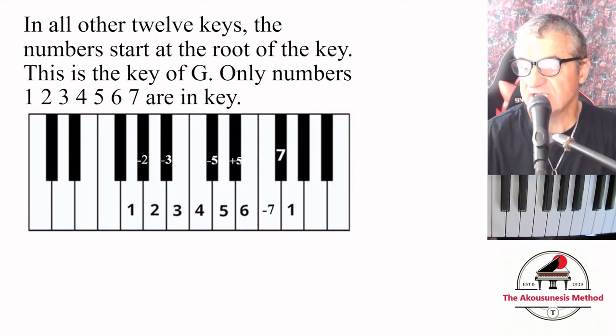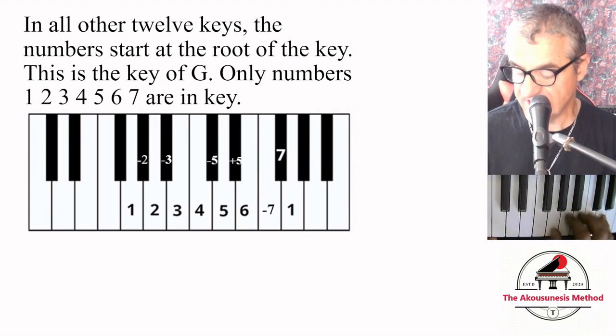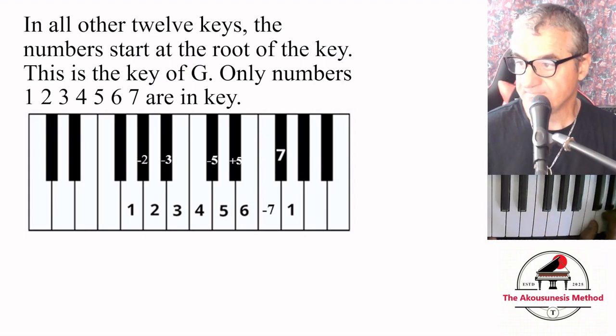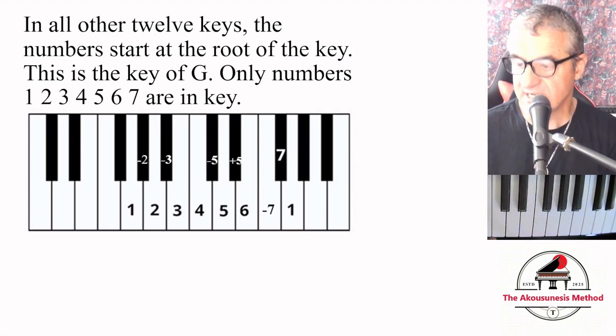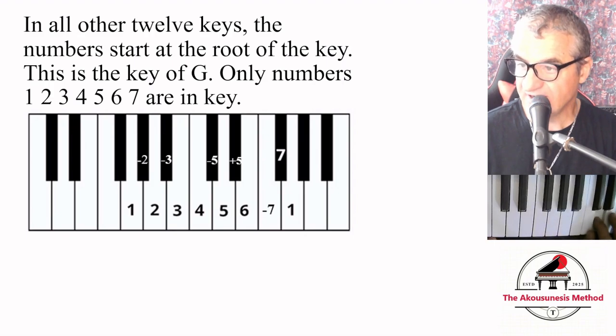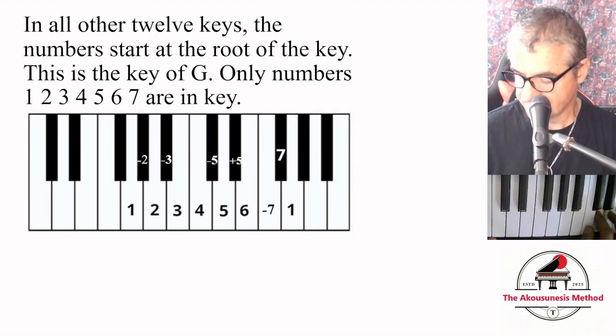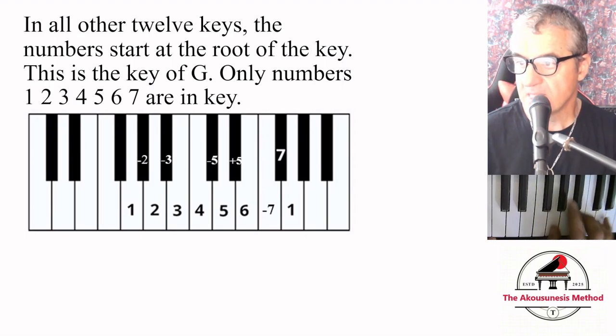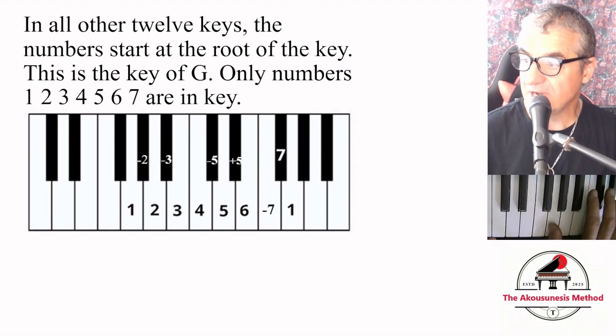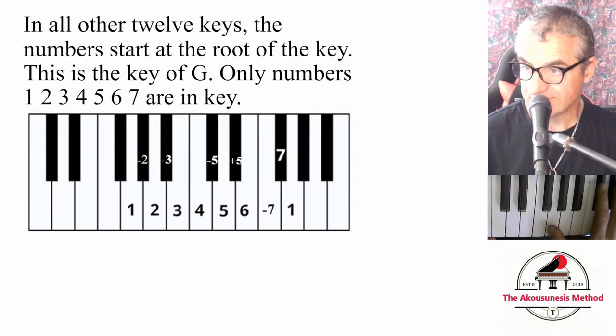This is the key of G, you can see that the 7 now is on F sharp, okay? So 1, 2, 3, 4, 5, 6, 7. So the minus 2, minus 3, 4, minus 5, plus 5, 6, minus 7, 7 and 1.